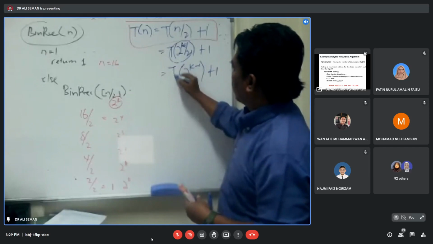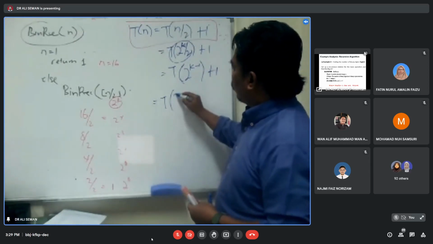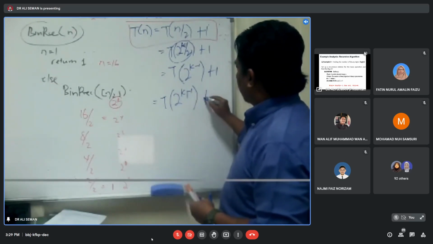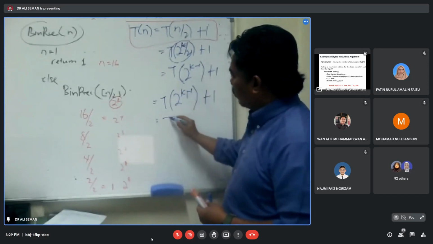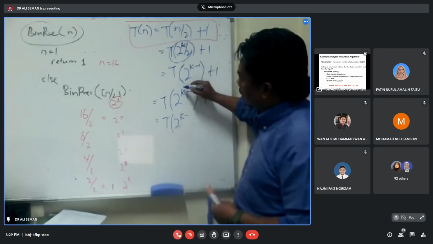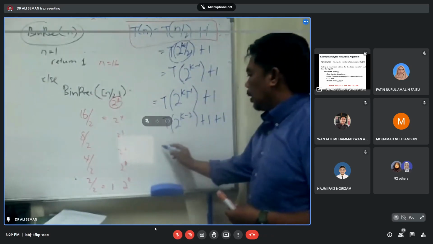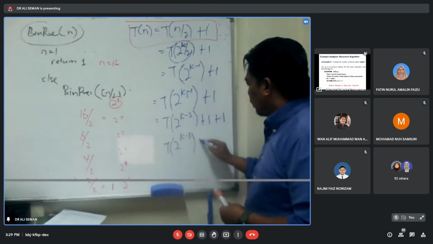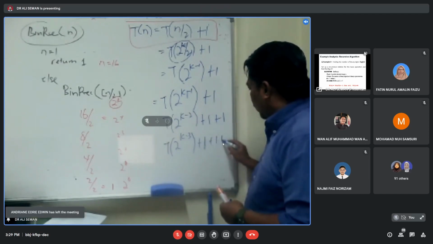Okay, now we have T(2 power of k minus 1) plus 1, correct? And then we need to substitute. k minus 1 becomes T(2 power of k minus 2) plus 1 plus 1. And again, T(2 power of k minus 3) plus 1 plus 1 plus 1.